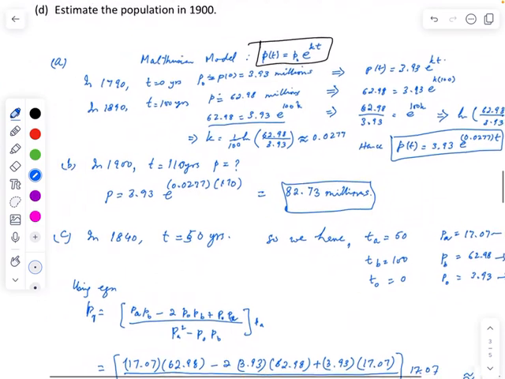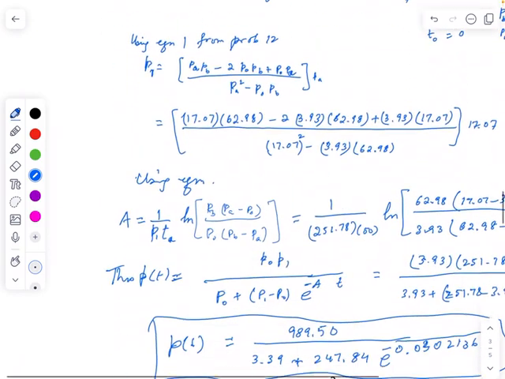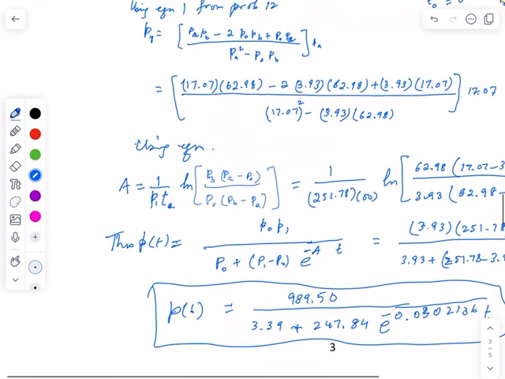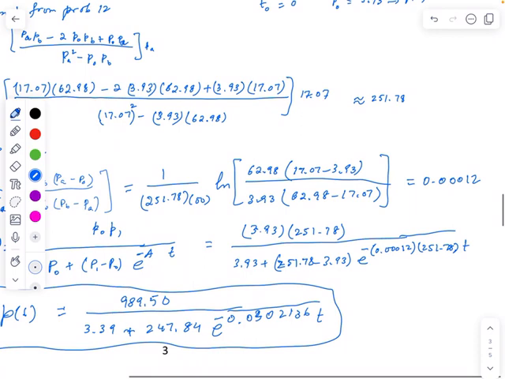Now, using equation 1 from problem 12, we get P_1. Just plug in all the values, put it in your calculator, multiply everything, and we end up getting this value. This is our P sub 1.